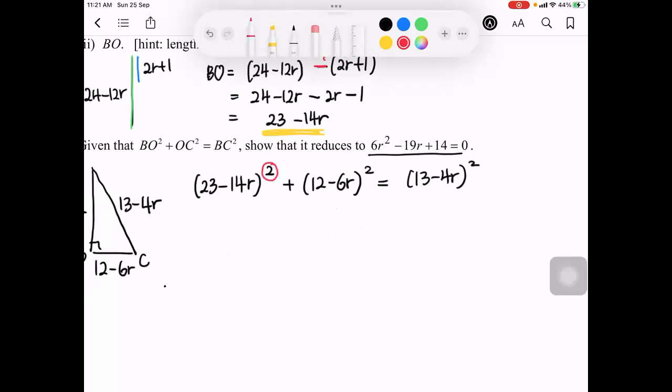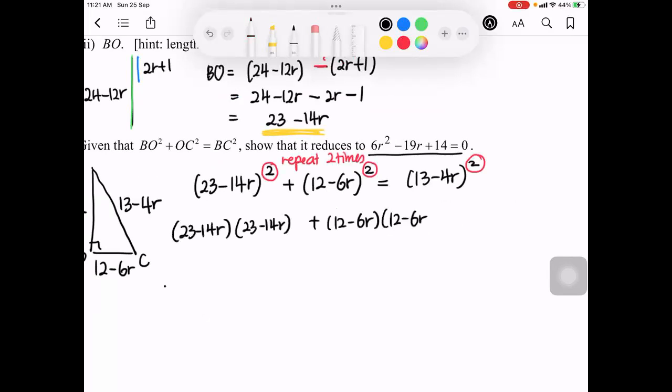Square means repeat 2 times. So everything repeats 2 times. So 23 minus 14r again, 12 minus 6r again, 13 minus 4r again.